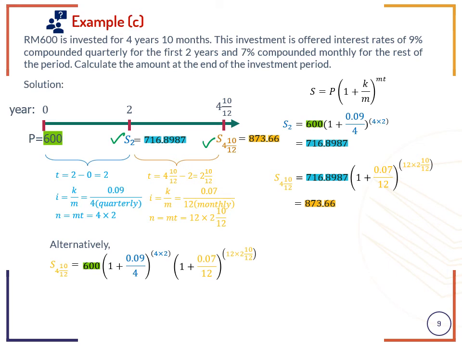So the value at the end of 4 years, 10 months is equal to 873 ringgit 66 cent.